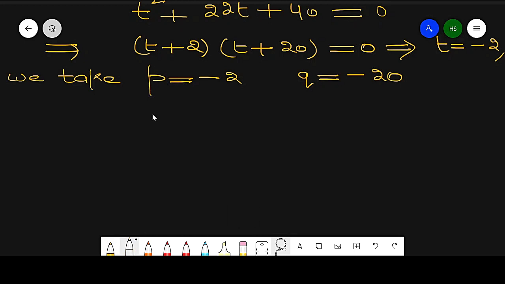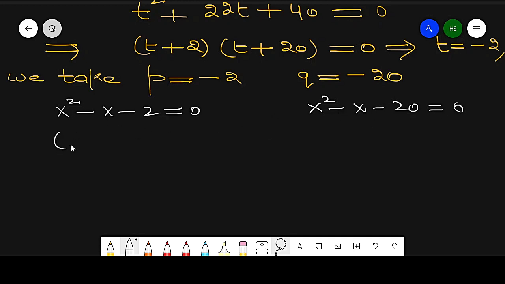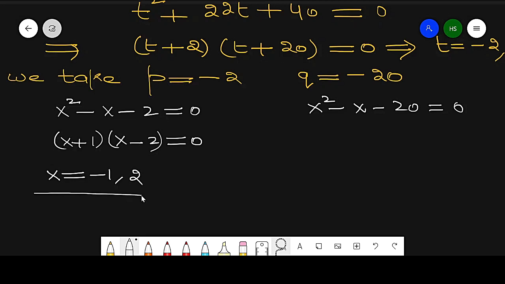Now find the roots of the quadratic equations x square minus x minus 2 equal to 0, and x square minus x minus 20 equal to 0. So find its roots. So this is x plus 1, x minus 2 equal to 0. So x is equal to minus 1 and 2. So those are two roots of the given equation.